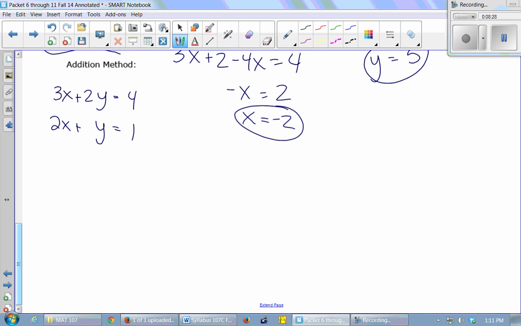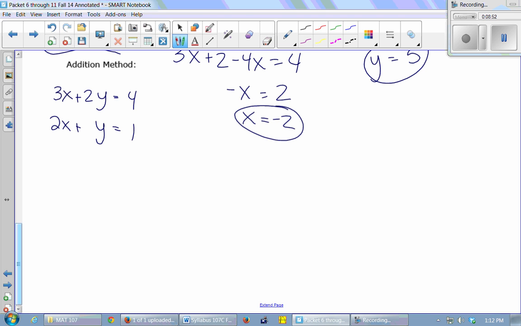Currently, adding the two equations together is not going to help me at all. What I would like to do is that when I add the two equations together, I want to have, say, a positive something y and a negative same something y, like 7y and negative 7y, so that when I add them together, they add to 0 and they fall out.